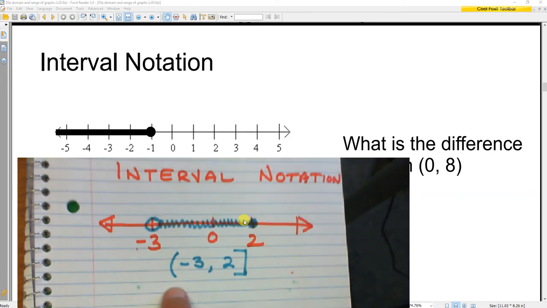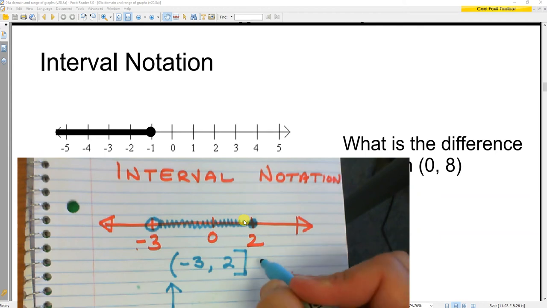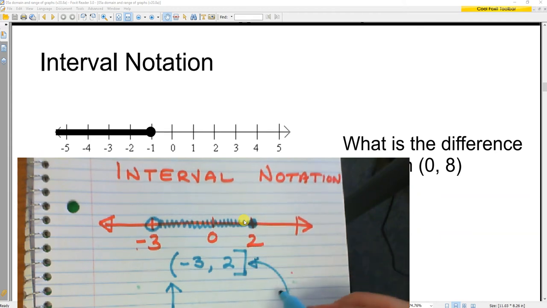The parenthesis is an open circle, and the bracket is closed.